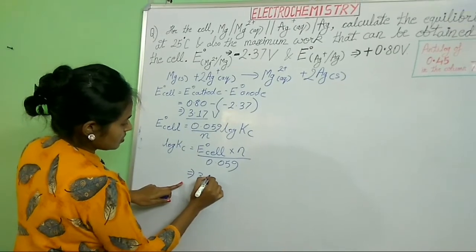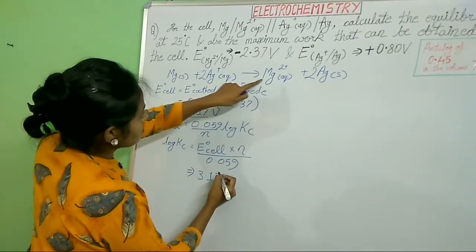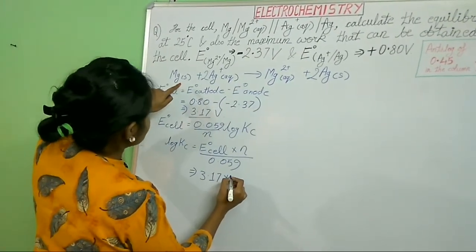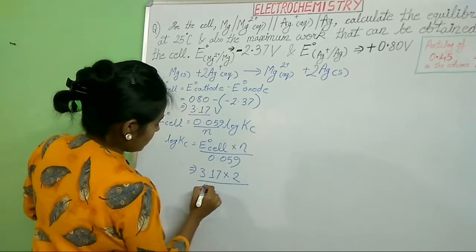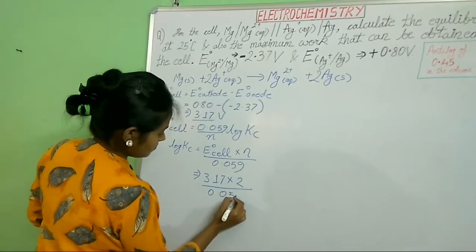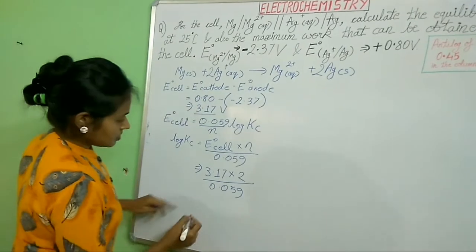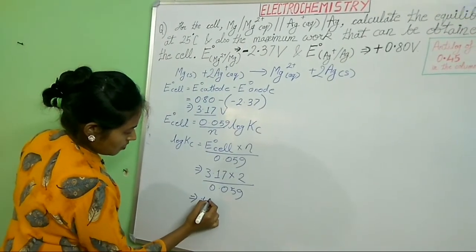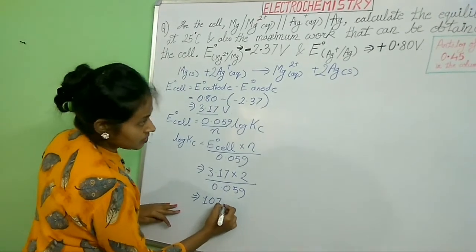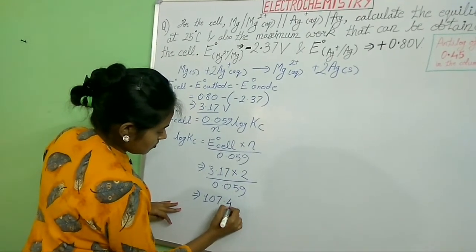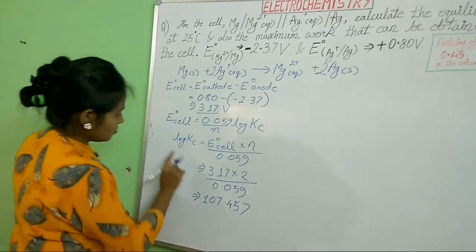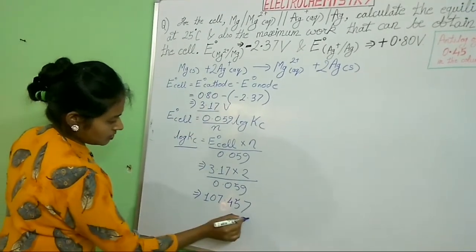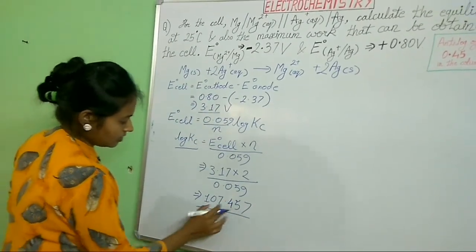How much is the E0 cell we have found out here? 3.17. How many electrons are involved here? 2. So 3.17 into 2 divided by 0.059. Now if we calculate this, how much will we get? 107.457. The log Kc is equal to 107.457. So we have to find the antilog of it.